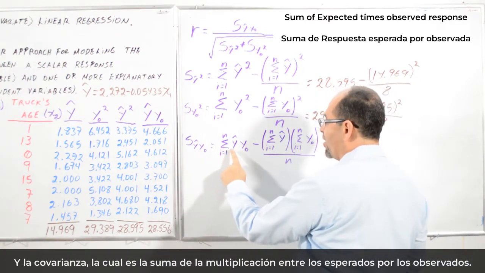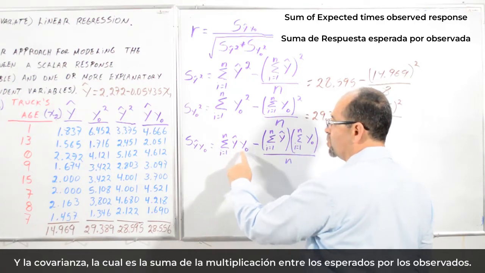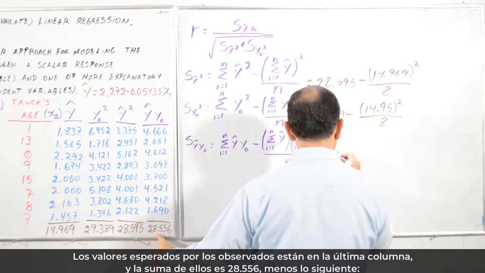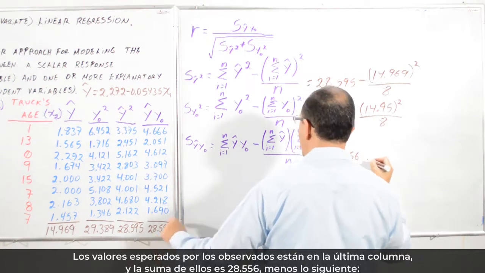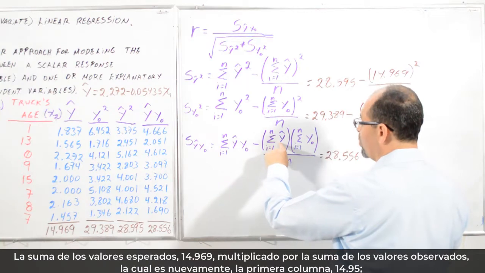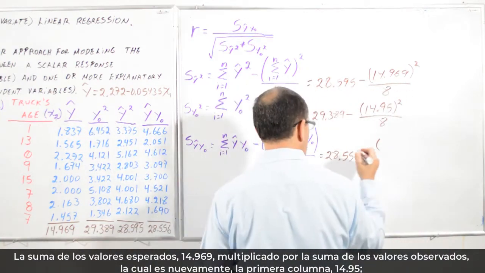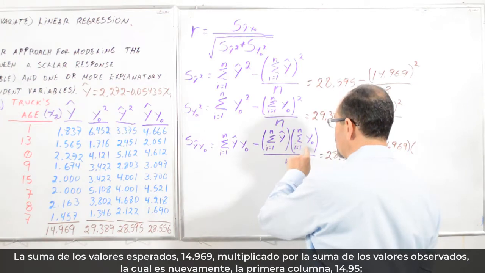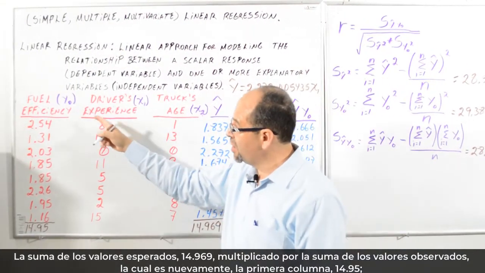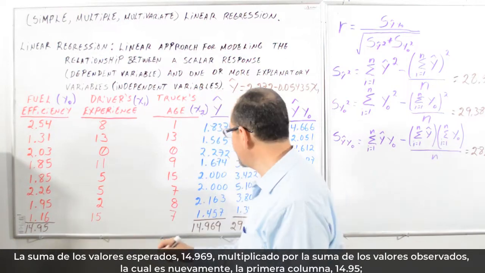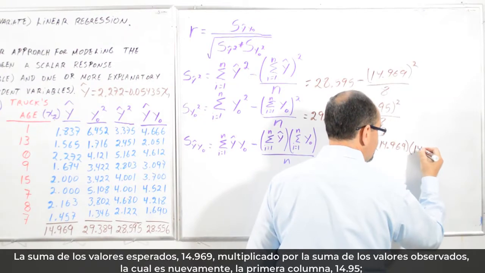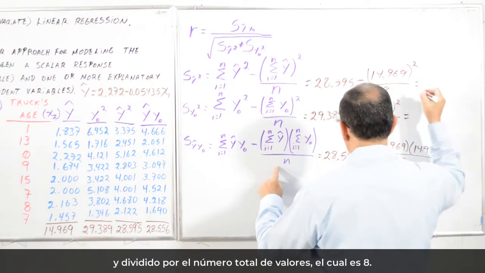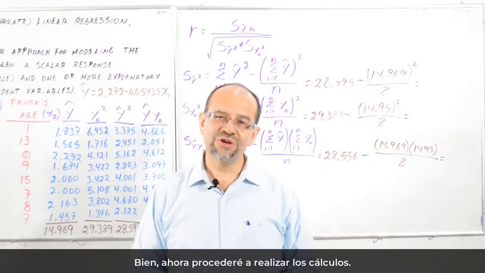And the covariance is the sum of expected times observed, which is 28.556, minus the sum of the expected values, 14.969, times the sum of the observed values, which is again the first column, 14.95, divided by the total number of values, which is 8. Okay, I will proceed to do those calculations.